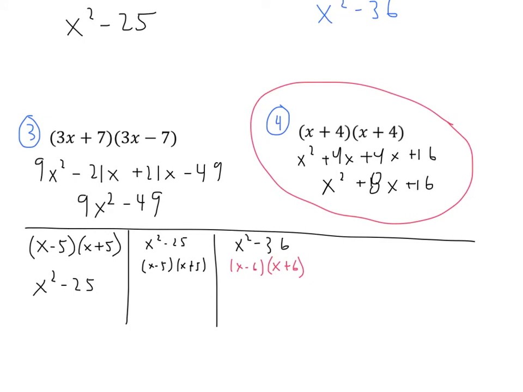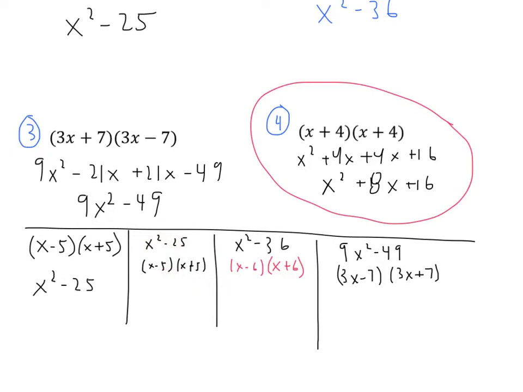Looking at number 3, if I had given you the problem 9x squared minus 49 and asked you to factor that, it would be factored like this: 3x minus 7 times 3x plus 7. So basically, factoring, we're just going backwards from the multiplication. Instead of multiplying it, we're taking the problem and turning it into multiplication.